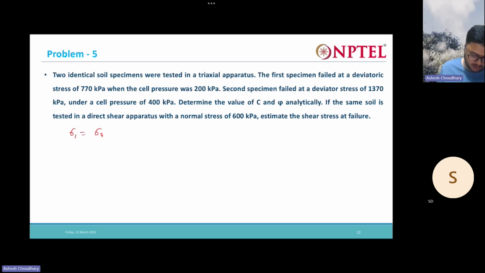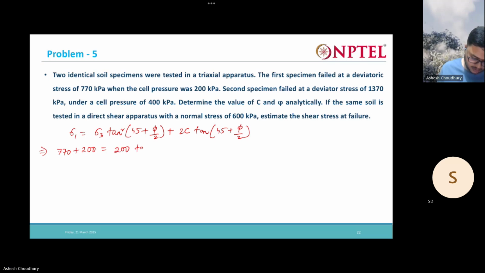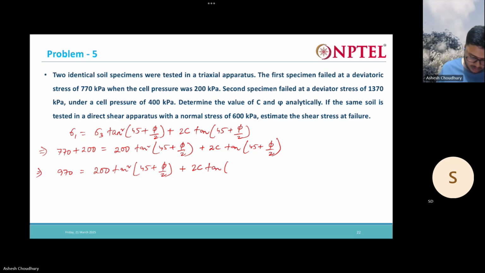So sigma 1 is sigma 3 plus the deviator stress. The deviator stress is given, the cell pressure is given, so cell pressure plus deviator stress is nothing but sigma 1. That's my first equation.